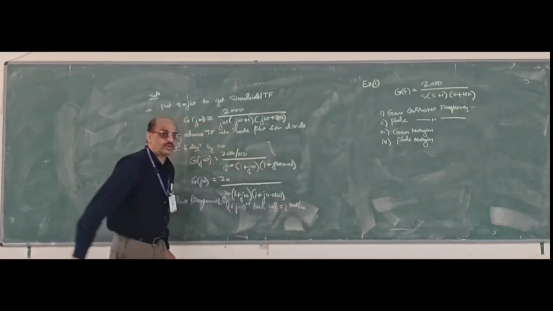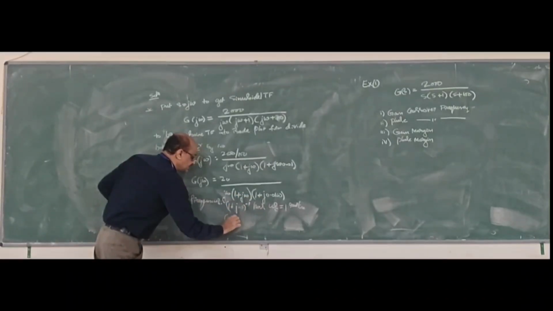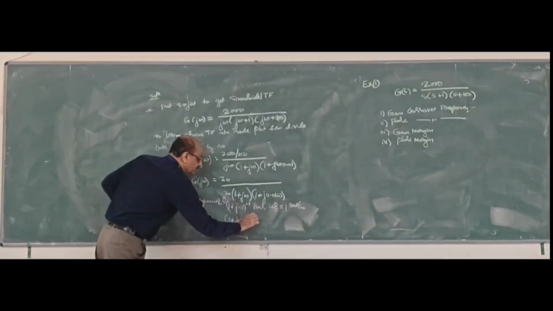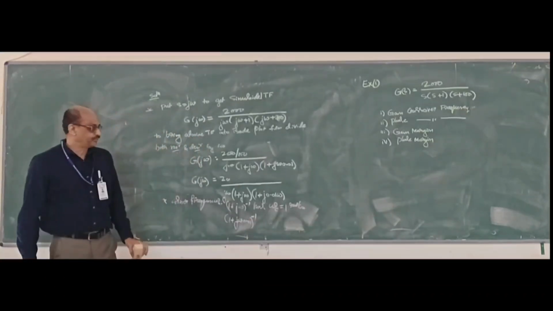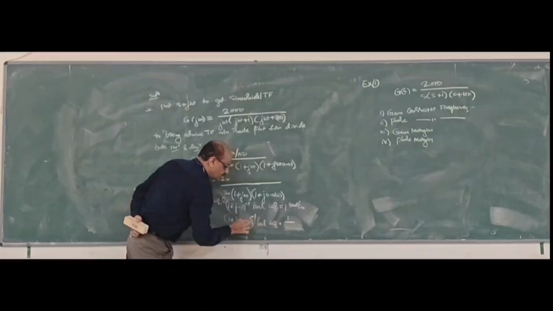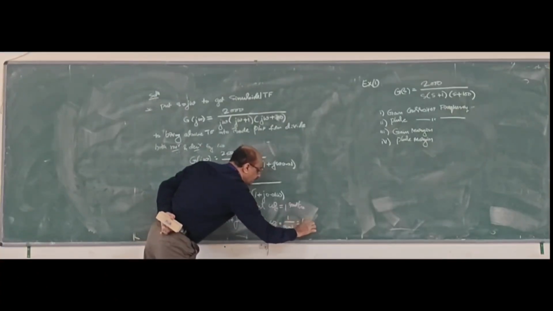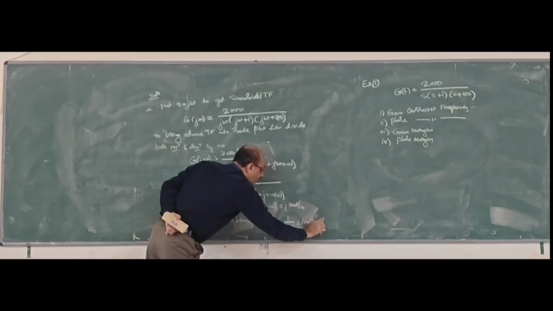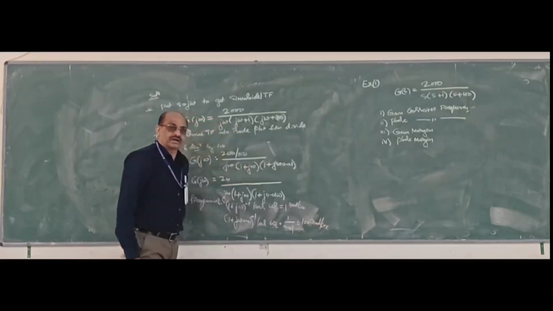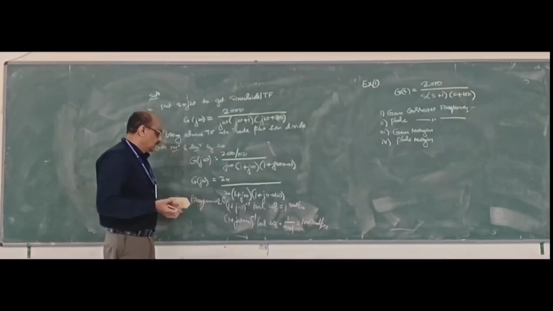Simple. Next, I have another factor, (1 plus j omega 0.01) to the power of minus 1. It has corner frequency omega c equal to 1 over T, where T is 0.01, which is nothing but 100 radians per second. So I got 1 radian per second and 100 radians per second. Fine.